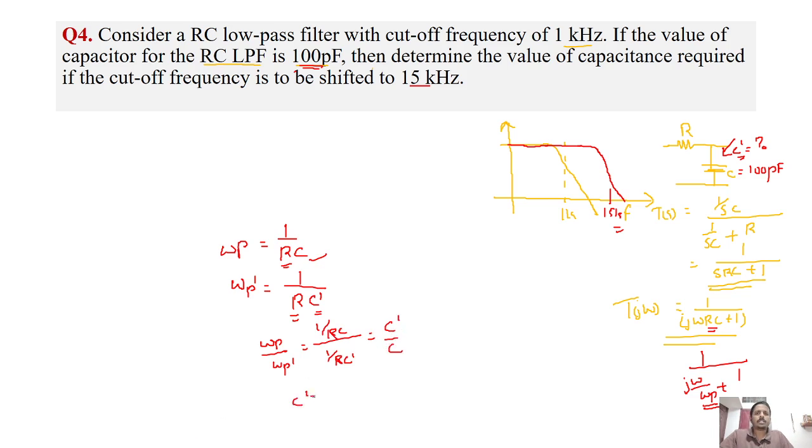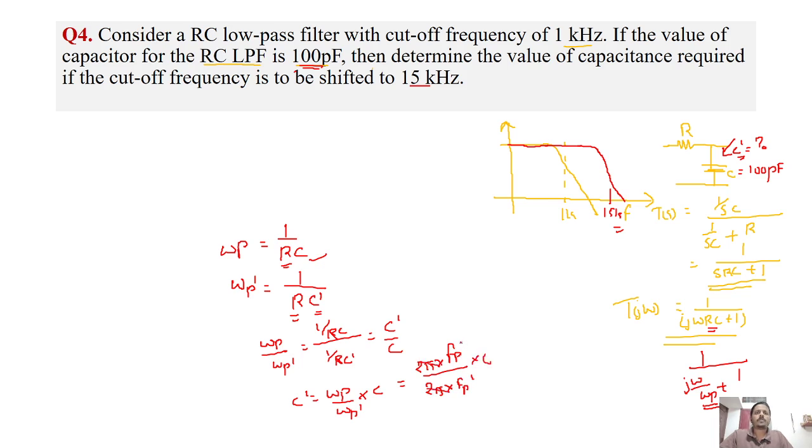So what is C dash? C dash is equal to omega p by omega p dash into C. I know omega p, it is 2 pi into fp, and omega p dash is 2 pi into the new frequency fp dash, that into C. So just substitute.